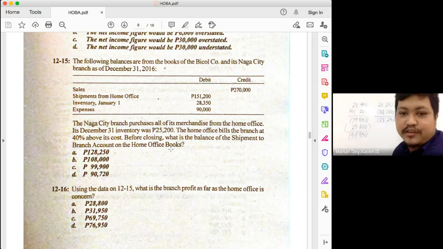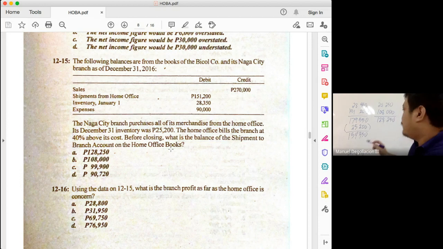And then deduct the true cost of the ending inventory. 25,200 divided by 140% will give you how much? 18,000. So 128,250 minus 18,000 would be 110,250. Then deduct this from the 270,000, class.